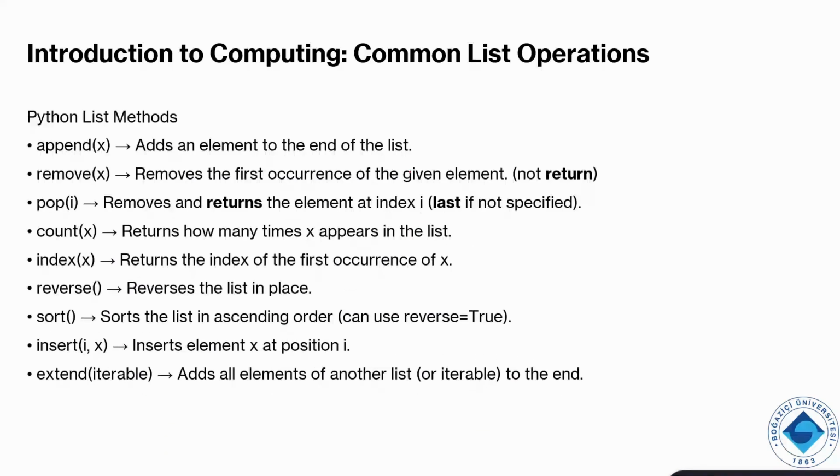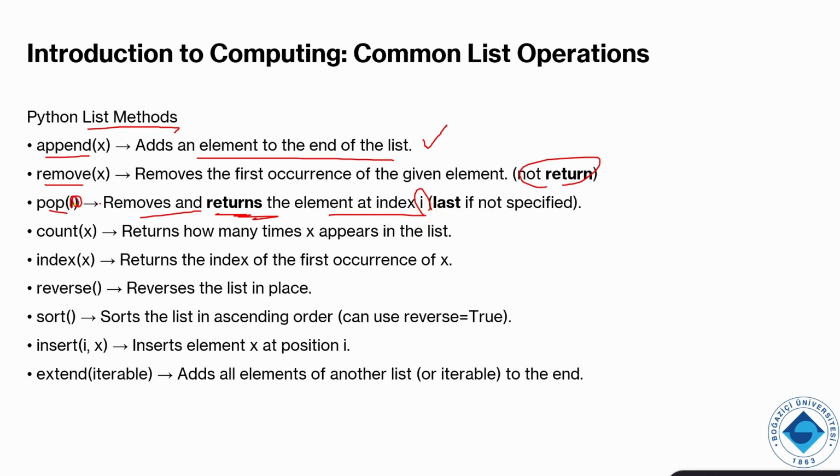Now we can continue with common list operations. Python list methods have some operations like append. We already saw that one and learned how it works. It adds an element to the end of the list. Remove removes the first occurrence of the given element and does not return anything. Pop also removes and returns the element at the index i.